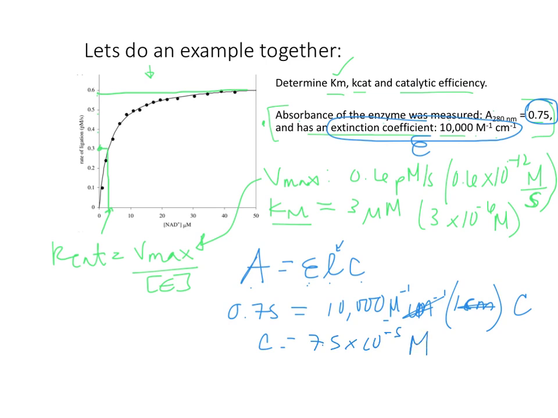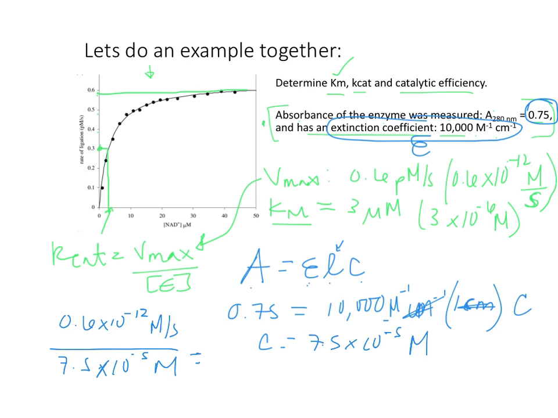All right, so for my kcat, I can plug in my Vmax, 0.6 times 10 to the minus 12 molar per second, and that will be divided by 7.5 times 10 to the minus 5 molar, and do the math, and you'll get a number.